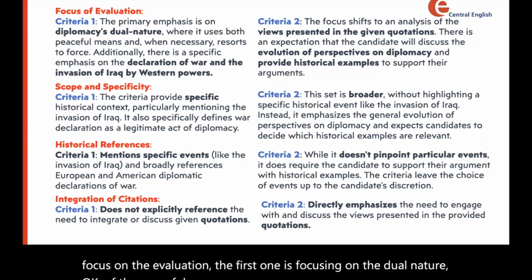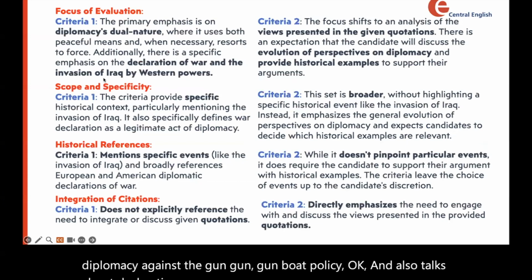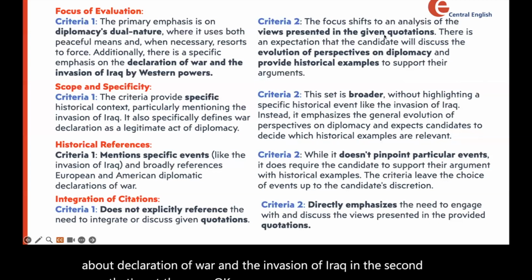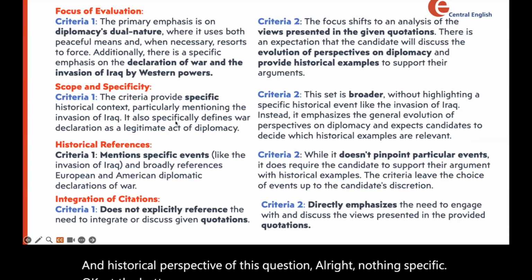Of course, we see diplomacy against the gunboat policy, and also it talks about declaration of war and the invasion of Iraq. In the second one, it's not the case. We are focusing more on the quotations, which I think is right, and the historical perspective of this question. Nothing specific.